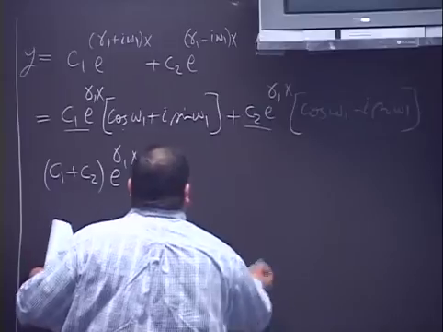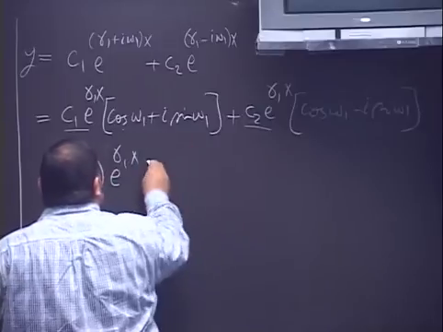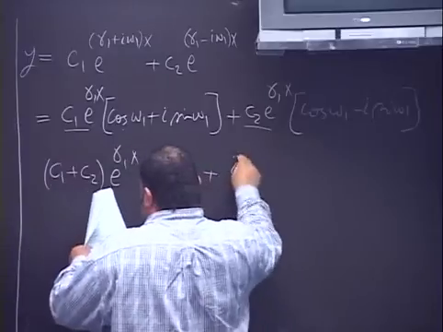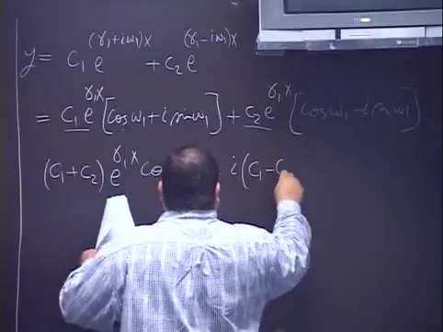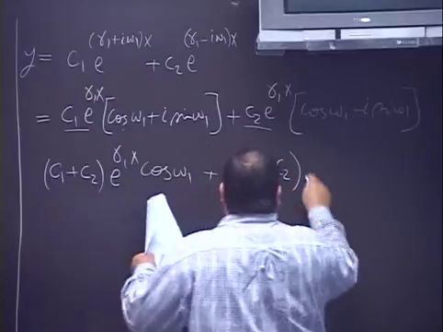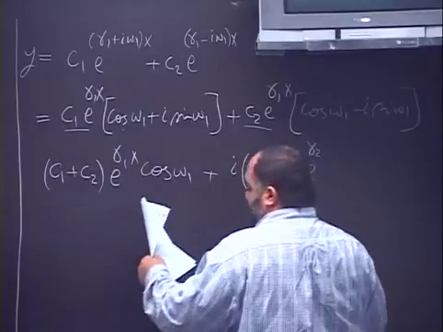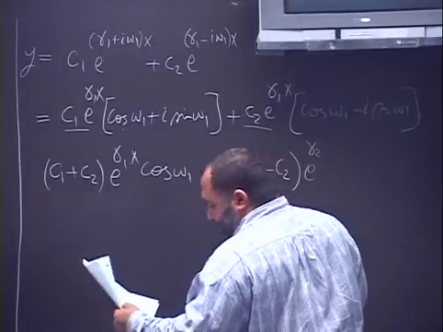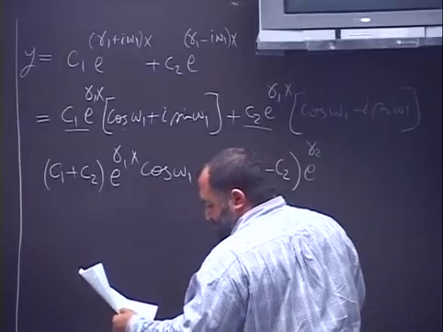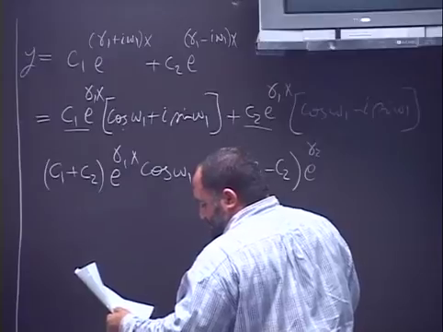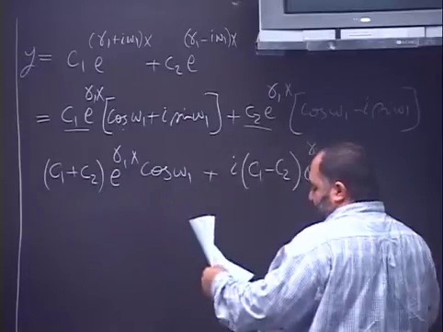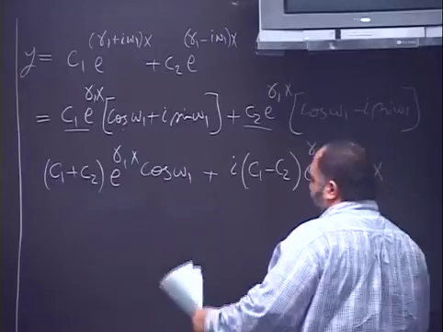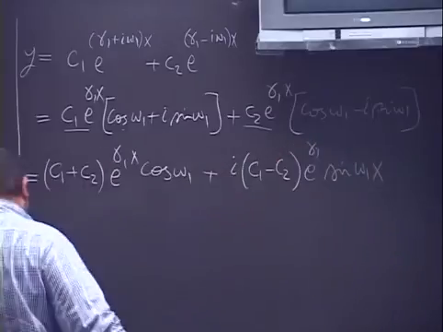Cosine omega 1 x multiplied by cosine omega 1 x, plus i multiplied by c1 minus c2 e to the power of gamma 1 x, multiplied by what? Sine omega 1 x.